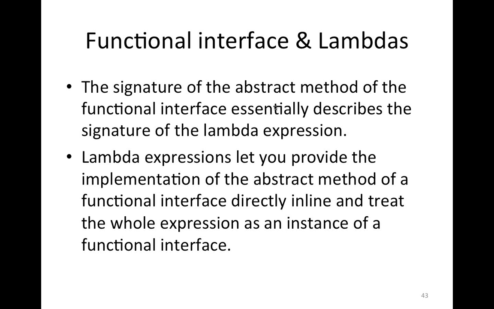And the whole expression itself can be treated as an instance of the functional interface. This is a bit like what we were doing using anonymous classes. We can instantiate the interface directly inline by providing an implementation for its method. But using lambda expressions, we don't have to care about the name of the method. We can just provide that implementation directly inline.